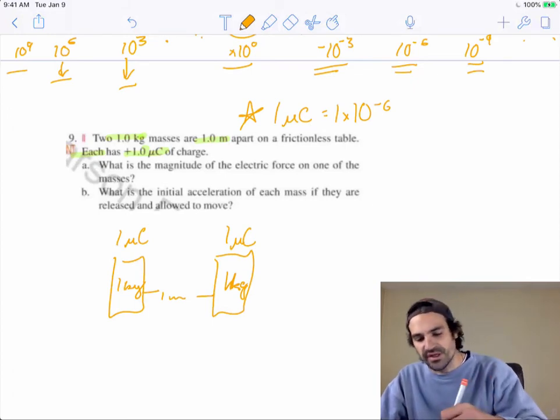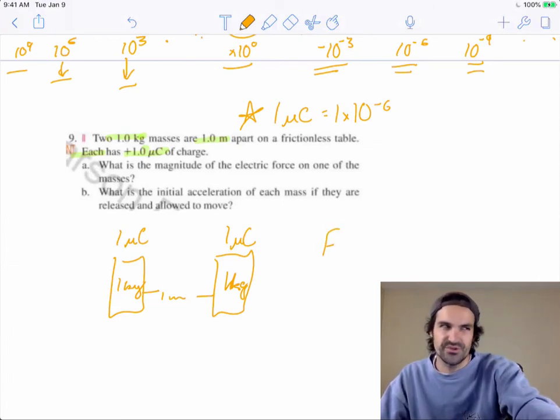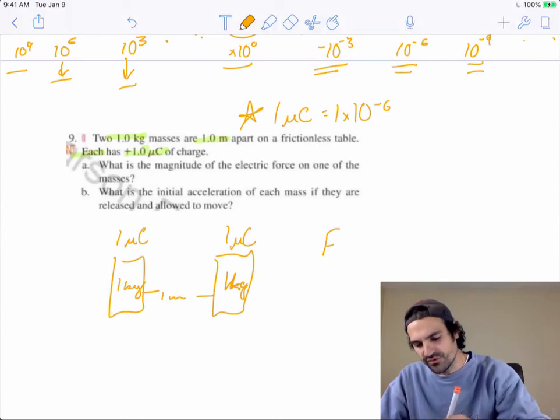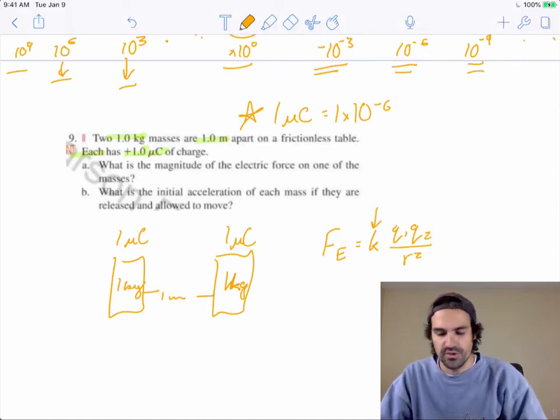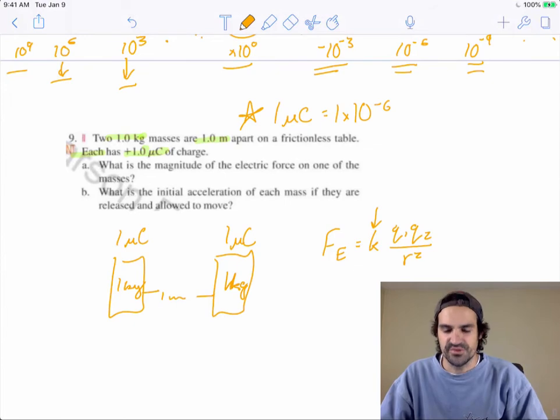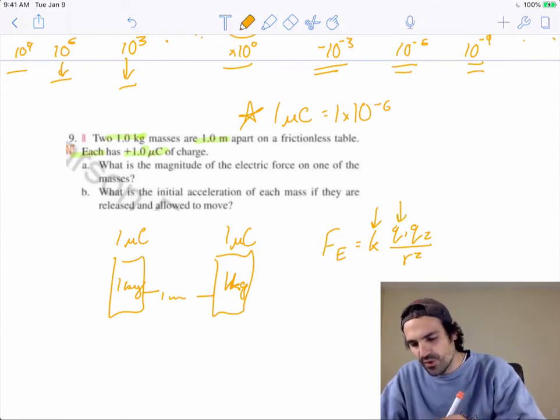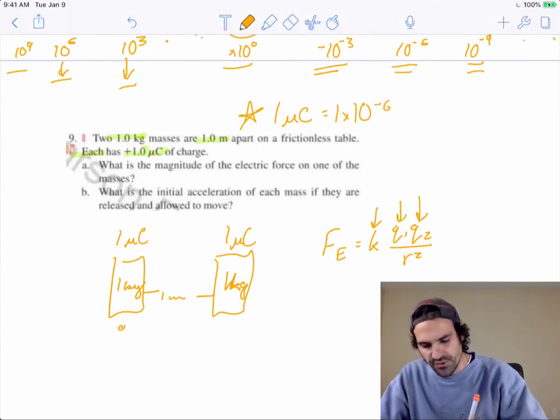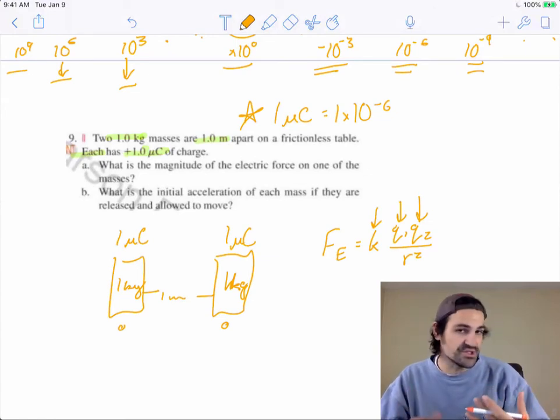So now we need to bring in that Coulomb's law equation, where the force is equal to k q1 q2 over r squared. The electric force is k q1 q2 over r squared, where k is the Coulomb's law constant, I believe. I'll look that up in just one second. Q1 and Q2 are the charges of the two objects, either pulling or repelling each other.